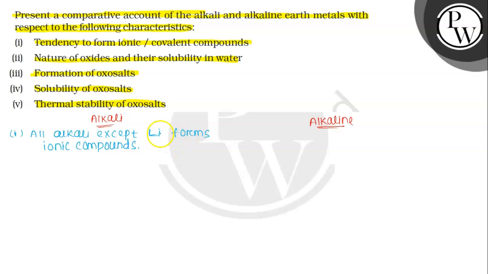As lithium has a small size, it forms covalent compounds, but except lithium all alkali metals form ionic compounds.